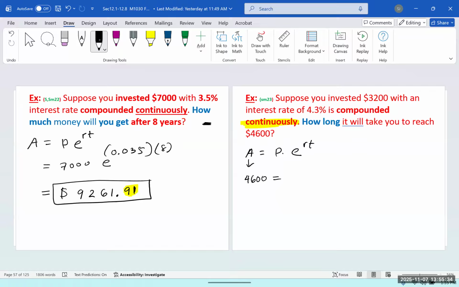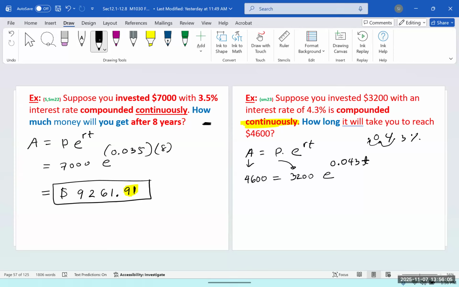That's your goal. How much do you have currently to invest? 3,200. e to the, what is the interest rate? 0.043. So 4.3%, you have to move the decimal 2 places. So 1 place is empty, you put this 0 for that. And then t you don't know, so you need to solve for t.